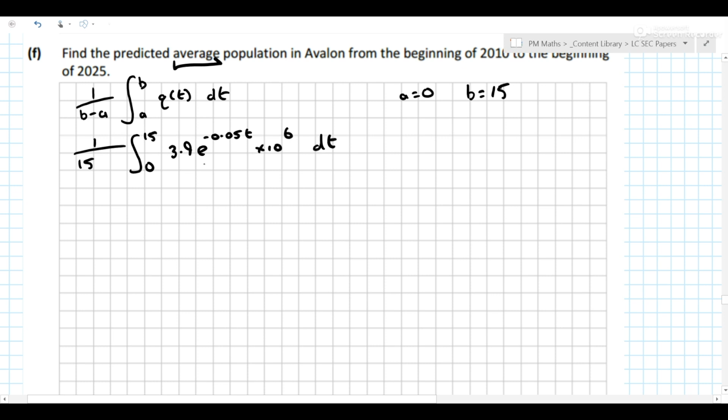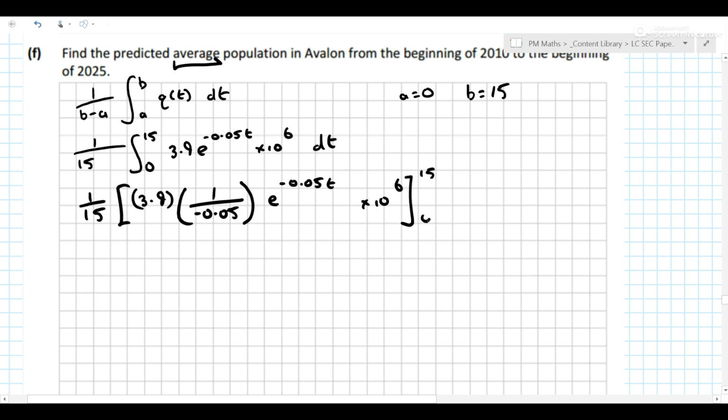Now how to integrate e to the power of? Well, we touched on it earlier on, that it's 1 over the derivative of the power. So there's 1 over the derivative of the power, here's the original by 10 to the 6, and we're doing that between 15 and 0.